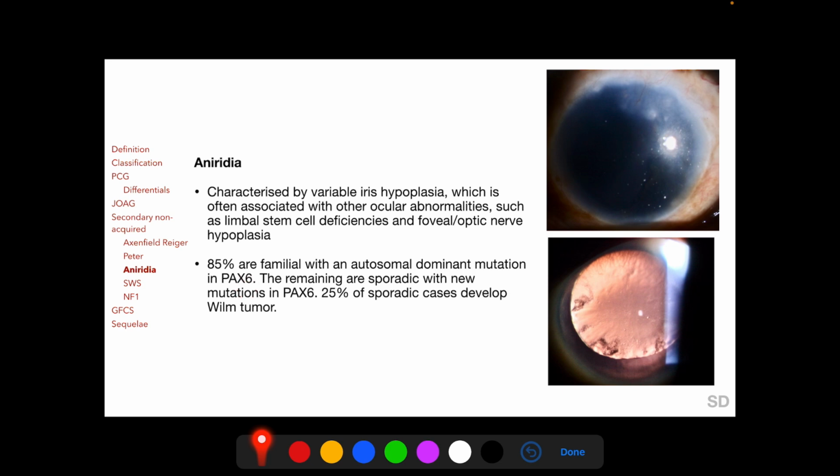The remaining cases are sporadic without a family history because of new mutations in the same PAX6 gene, and 25% of sporadic cases develop Wilms tumor of kidney. And we have discussed the mechanism of this association in the session on glaucoma genetics.